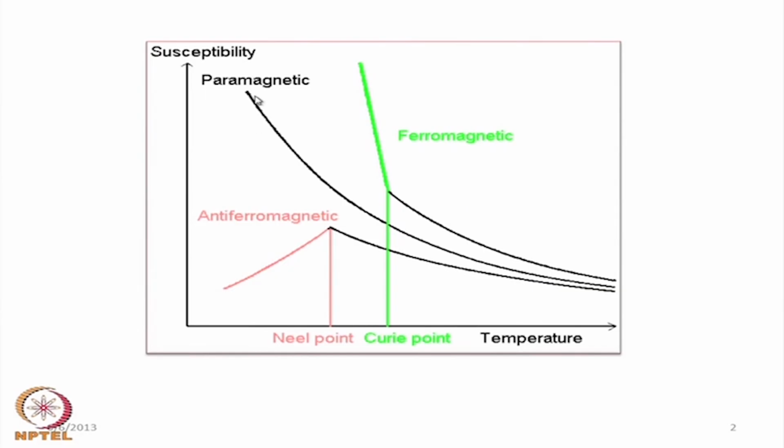So, if we have a simple paramagnetic system, we will take the help of the temperature dependence of the susceptibility term or the magnetic moment term, and we can go for a variable temperature measurement for these values.